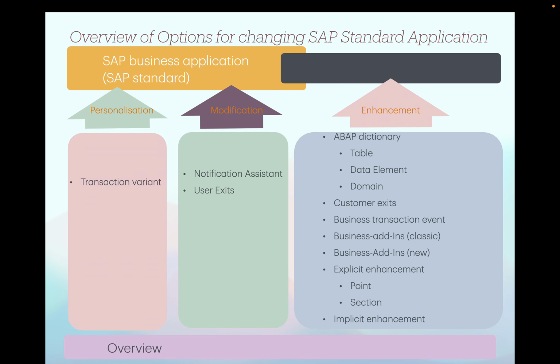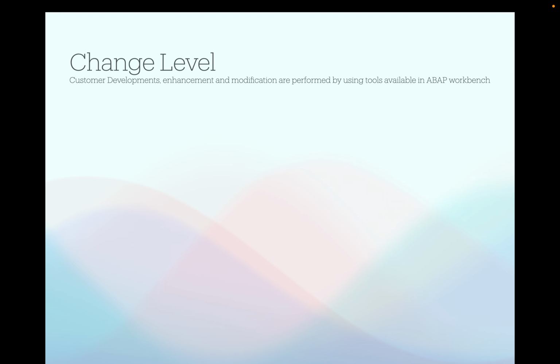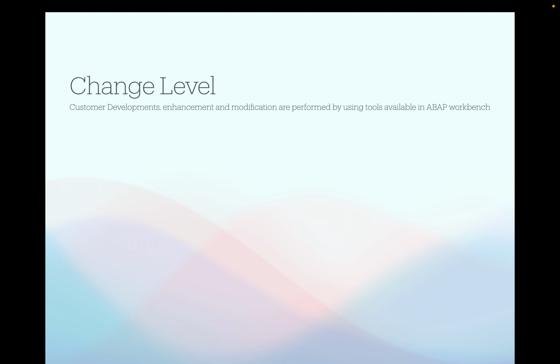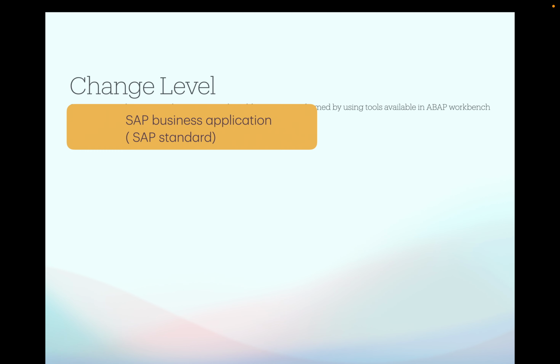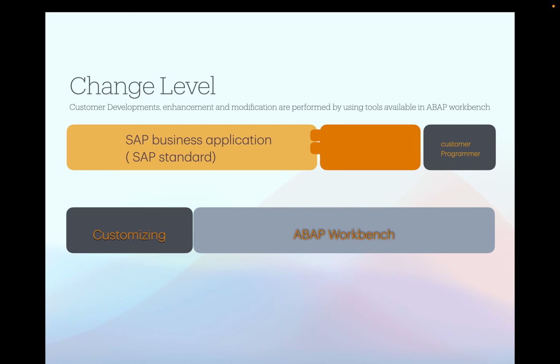So the overview has already been provided. These options are subdivided into the change levels that we have to consider while adjusting or enhancing SAP software. The first one is customization.